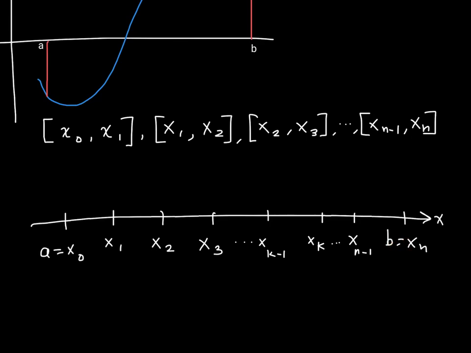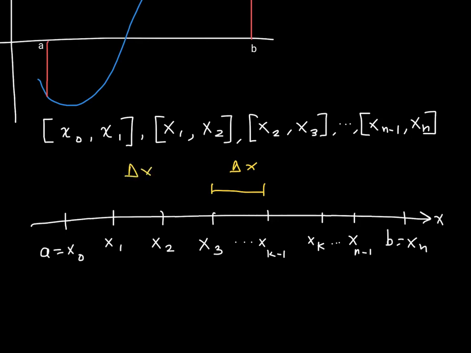Okay? And so the width of our intervals would be delta x. And if each subinterval has the same width, then delta x is the same for all of them. It's a common width, right? So that would be delta x.